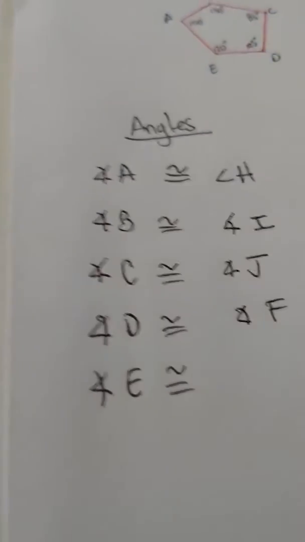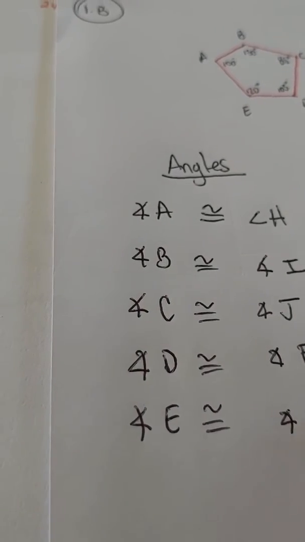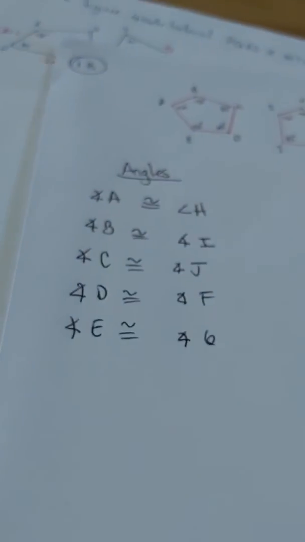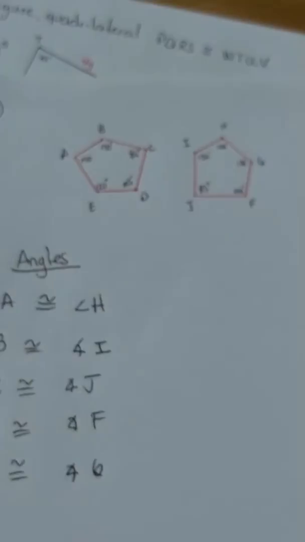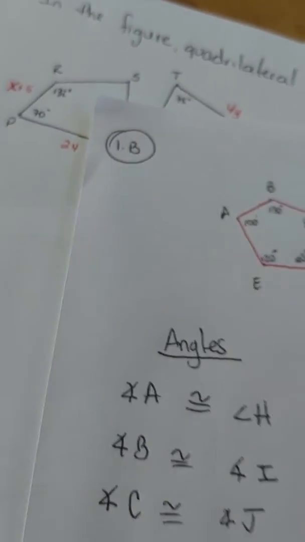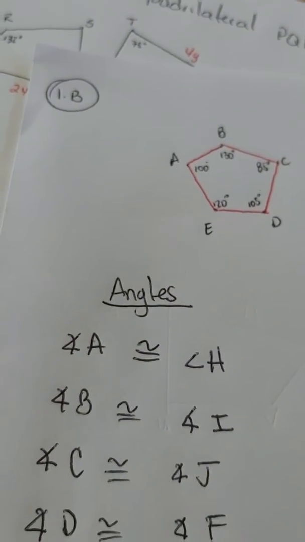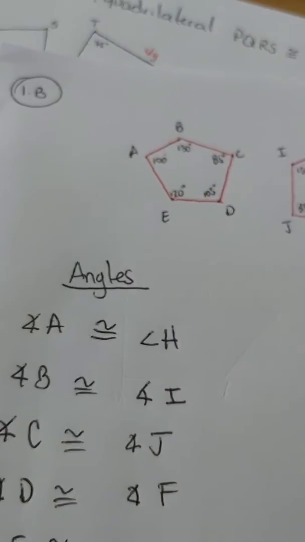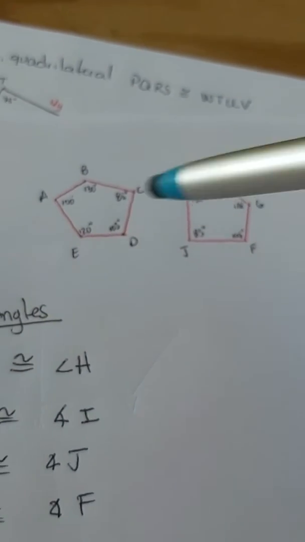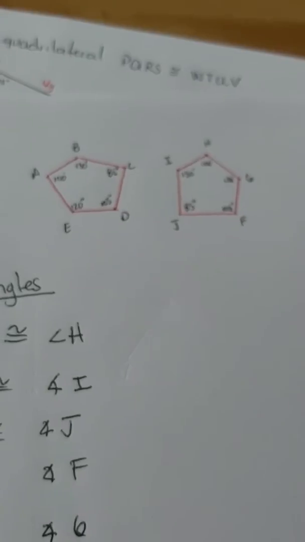So we can state that angle E is congruent with angle G. Knowing that, again, since they're not defining what sides are congruent to what side, just by looking at them, we can tell that the pentagons are equal, but in a we have a transformation.